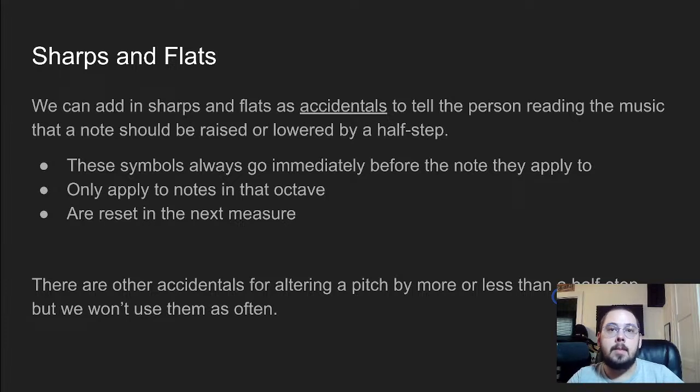These symbols, the sharps or flats, tell us to either raise or lower a note. These apply only to the specific note in that octave and every measure. I'll talk about measures in a second. There's other ones besides sharps and flats, but we don't use them that much. You'll see some on the next slide.